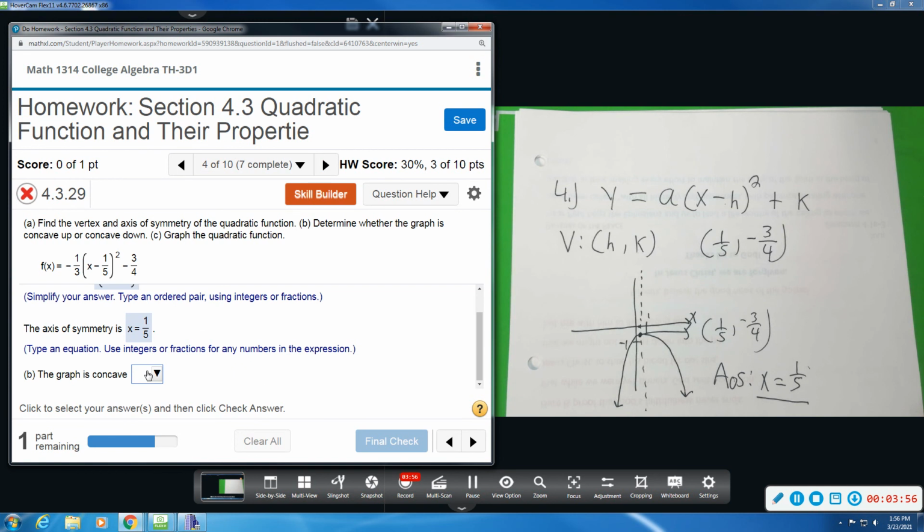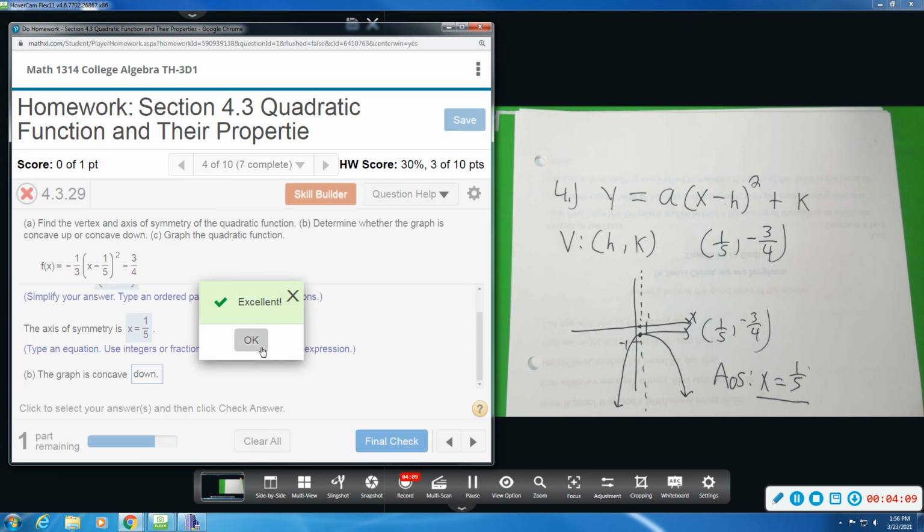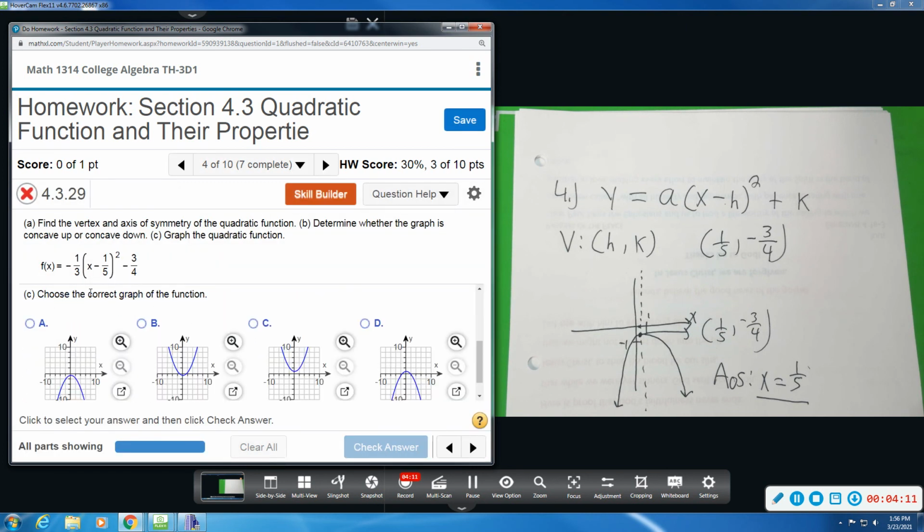All right, the graph is concave down, and we can tell that because the front is negative. The a term is negative. And then we're going to choose the graph.